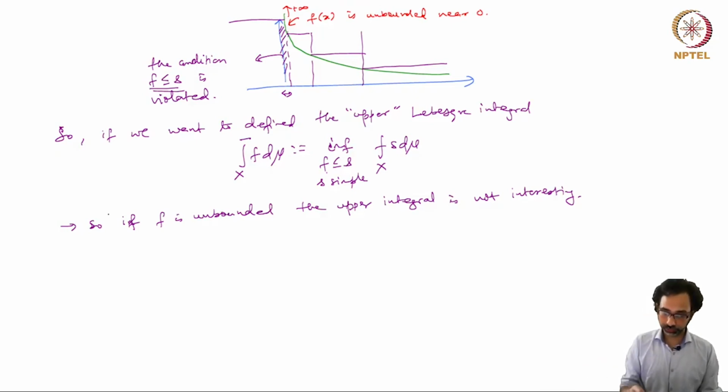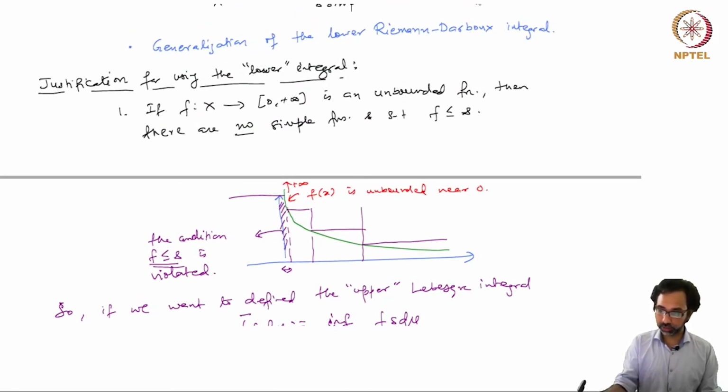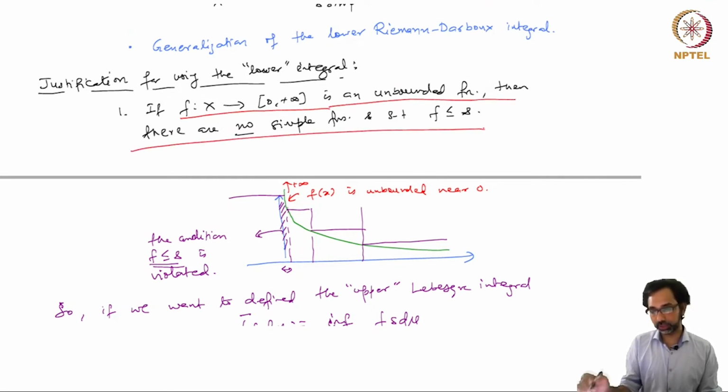The other reason, so this was our first reason, that if f is unbounded then there are no simple functions s with f less than or equal to s.